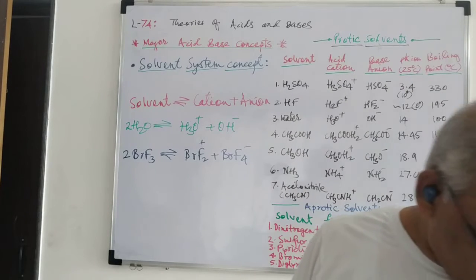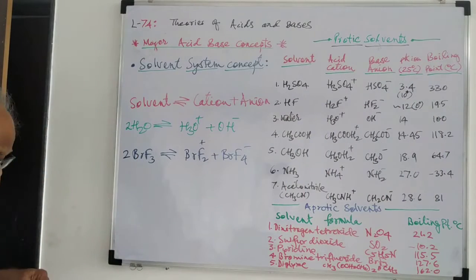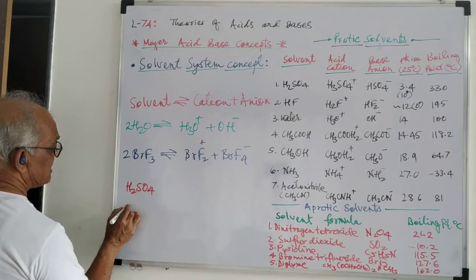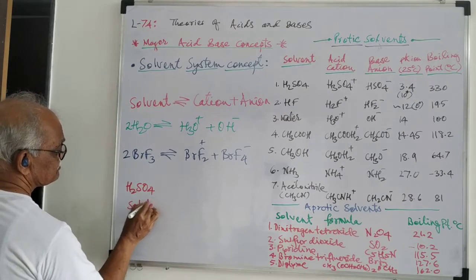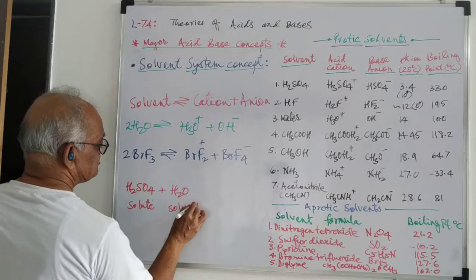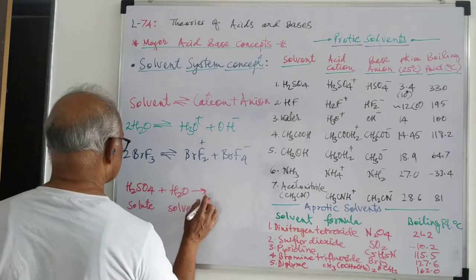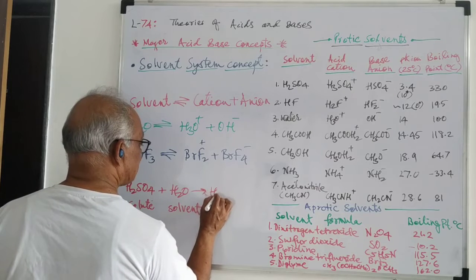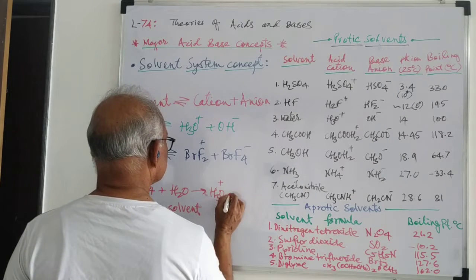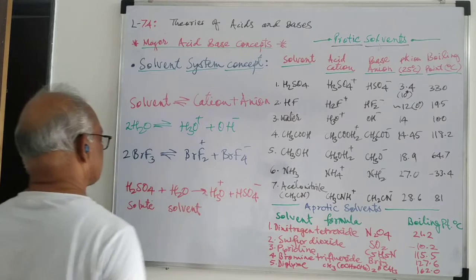For example, if we take H2SO4 as a solute plus H2O as a solvent, it produces H3O plus and HSO4 minus.